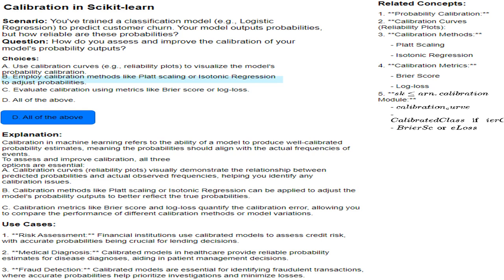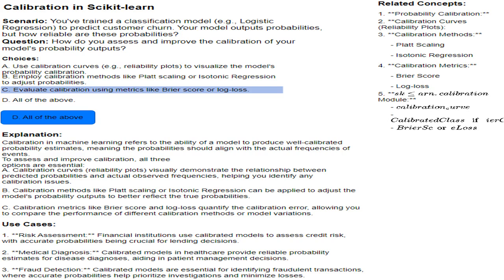Isotonic regression, on the other hand, uses a monotonic function to adjust probabilities, preserving the order of predictions while improving calibration. These methods are often applied to improve the calibration of models that exhibit systematic biases in their probability estimates.